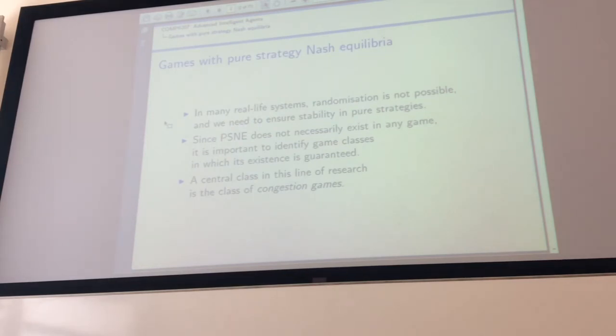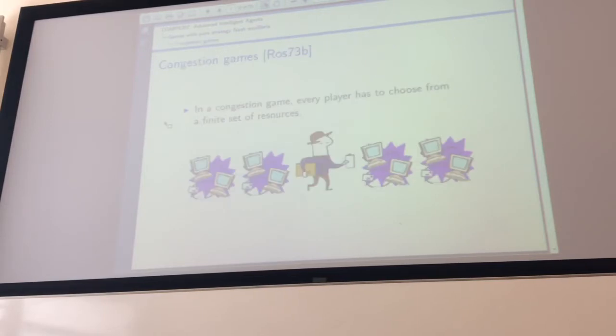If you think about building something together and having hosts that you can share, then the more agents you can share this cost with, the better for you, right? So congestion can be good or bad, depending on the context of the game, so don't take it as only negative.